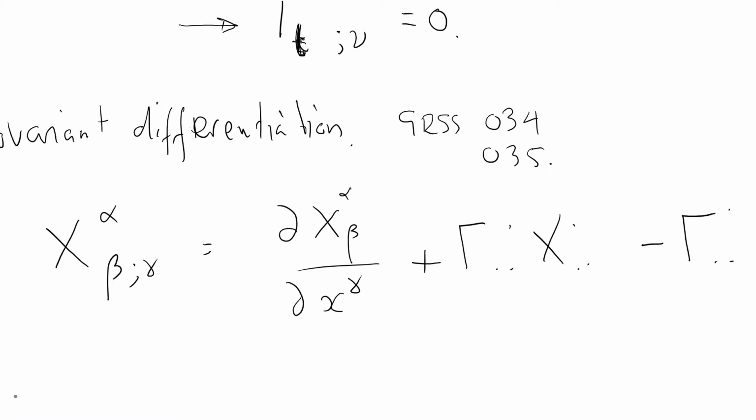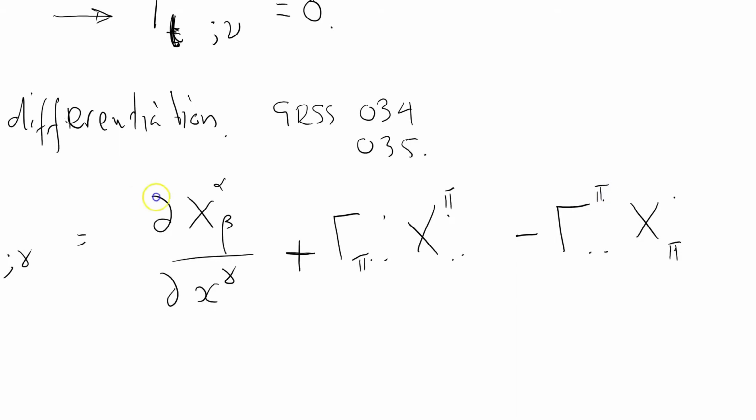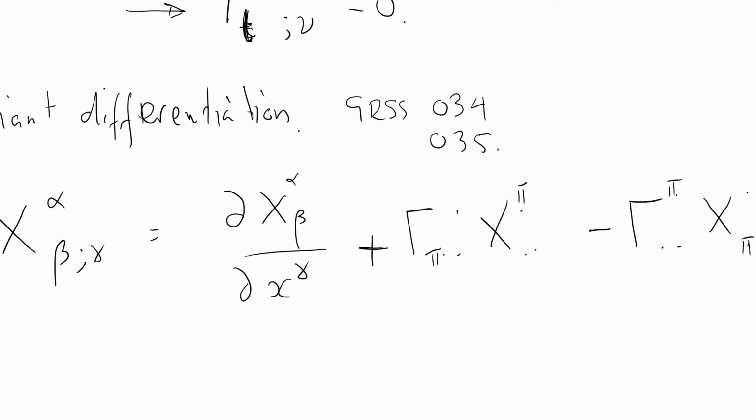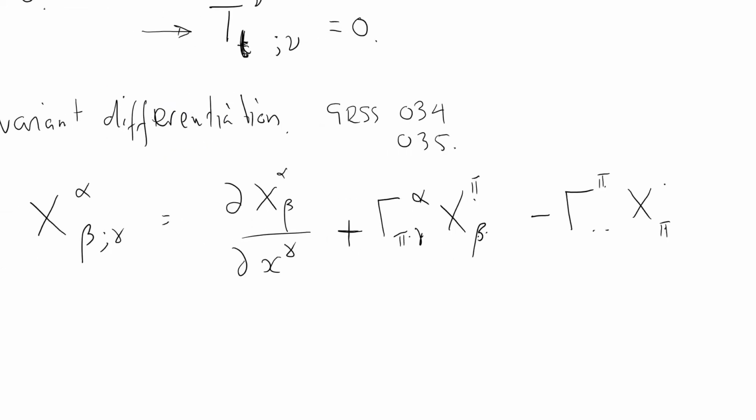The positive correction was when we summed for the upstairs index, so that turns into, let's say, a pi, and we'll sum there. The negative correction was where we summed downstairs. Then the alpha was free, the beta was left alone, and gamma is free.